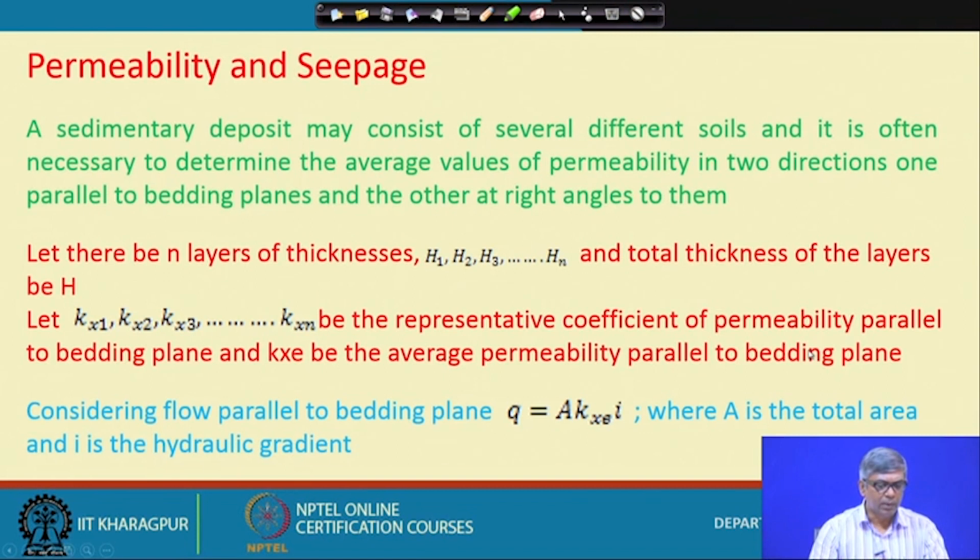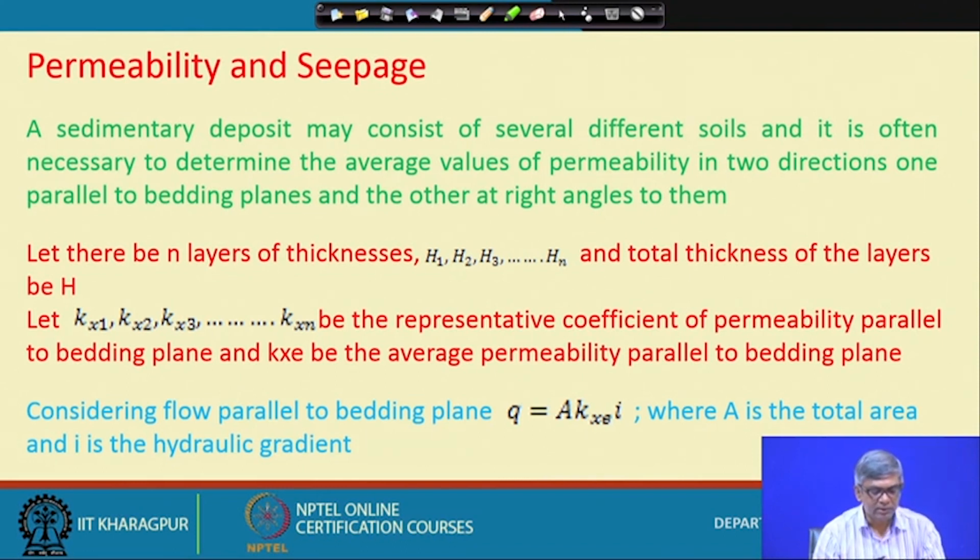And now permeability and seepage, that is another thing. I have now explained how to determine the value of permeability, but often in the field the soil is stratified. Also in actual construction we put it in layers and compact, and because of that the permeability in different layers may not be constant in all directions.